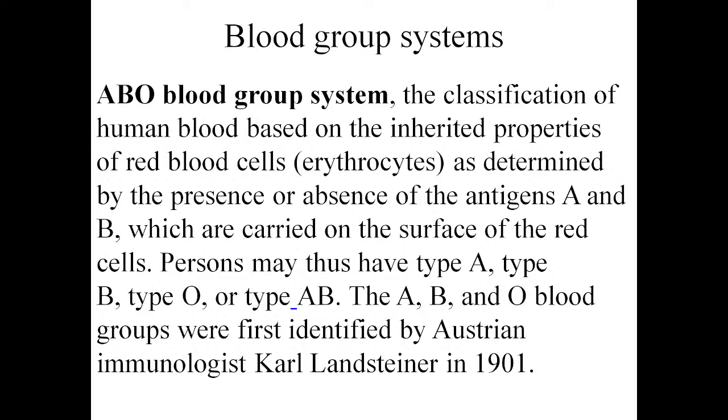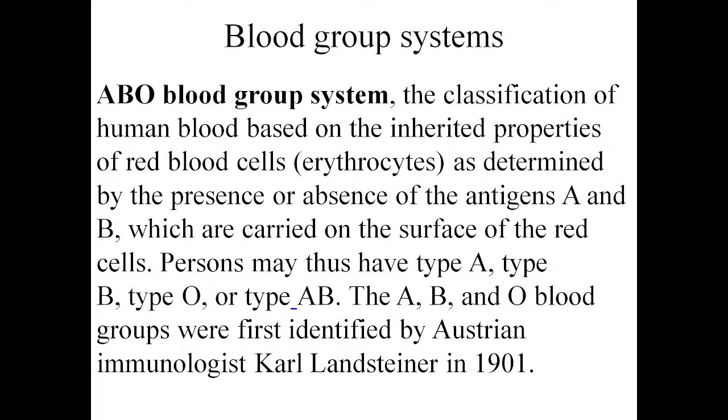The AB0 blood group system is the classification of human blood based on the inherited properties of red blood cells, erythrocytes, as determined by the presence or absence of the antigens A and B, which are carried on the surface of the red cells.